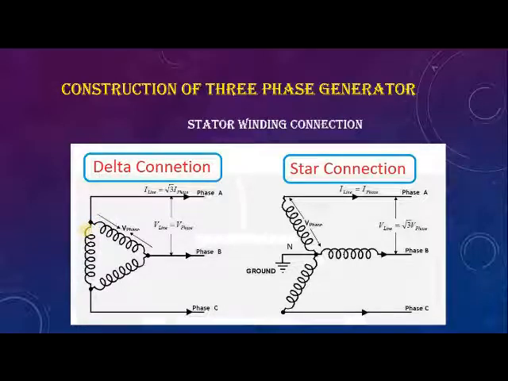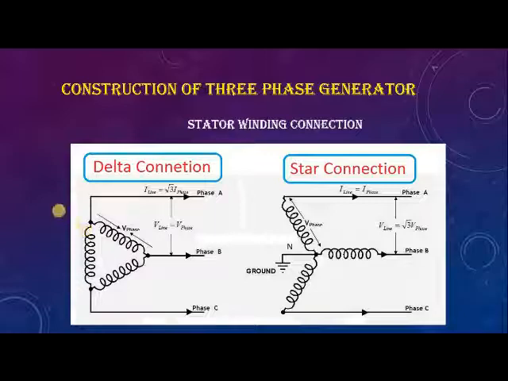But in a generator, there will be only 3 output terminals or 4 output terminals. So if you have 3 windings, how many terminals are there? Each winding will have 2 terminals. So there will be 6 terminals. But on the output side, we want only 3 connecting terminals or 4 connecting terminals. So the 3 windings should be connected properly to take only 3 output terminals.